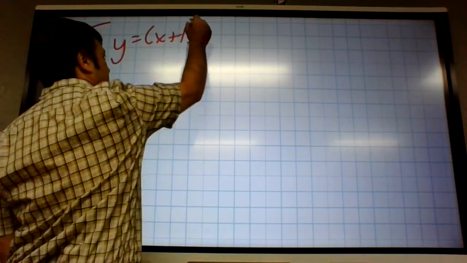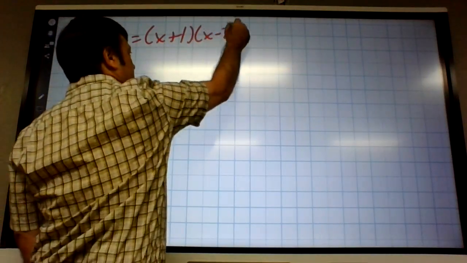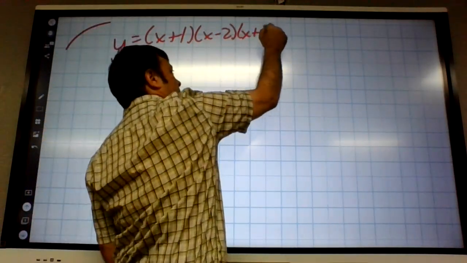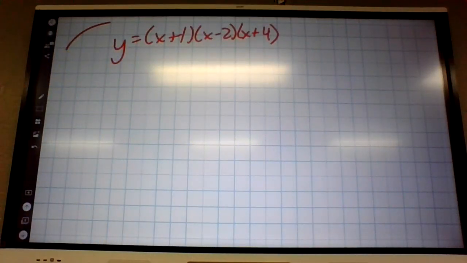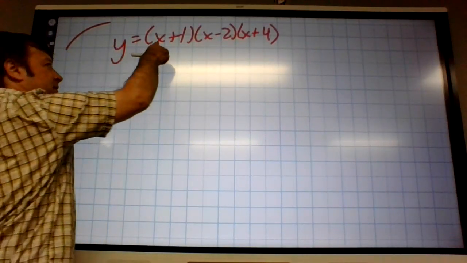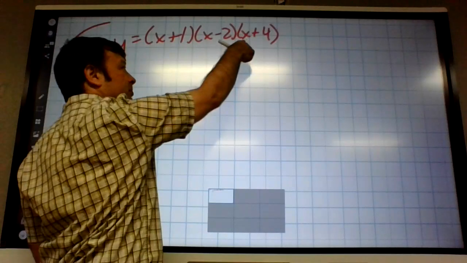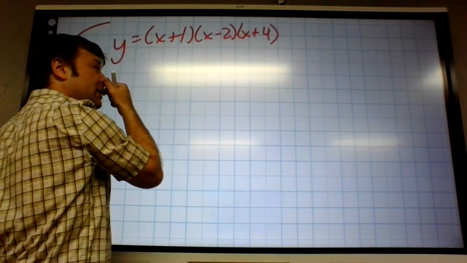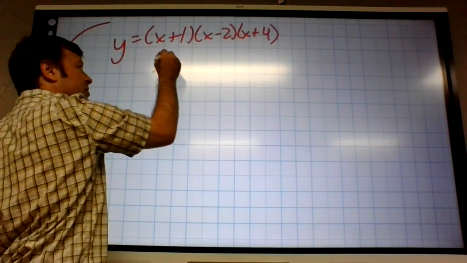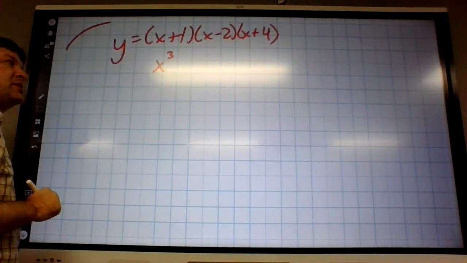All right, so on number 1, x plus 1, x minus 2, x minus 4, we are not going to multiply these together. But if we did multiply it together, what would it create? X cubed. Because eventually all three of these x's would be multiplied together, and the largest power would be a third power. So it's a cubic function. What shape does a cubic function take?